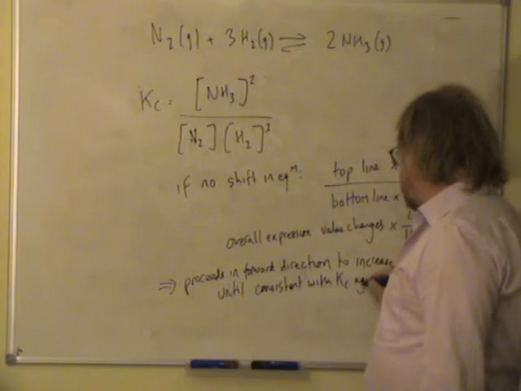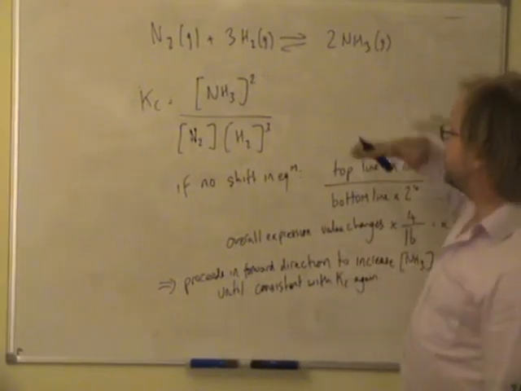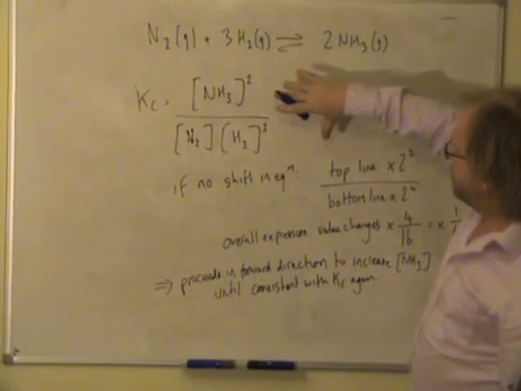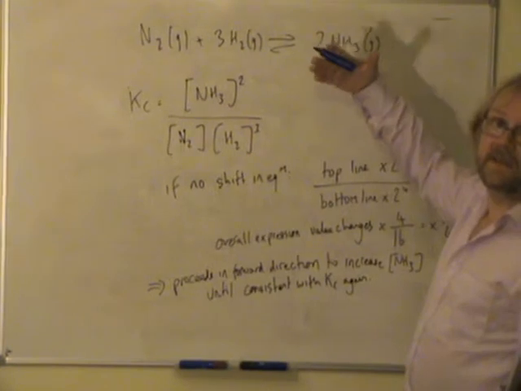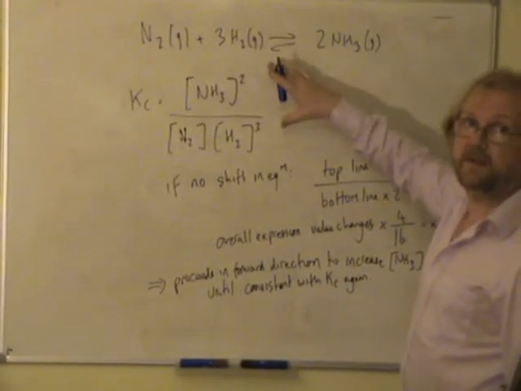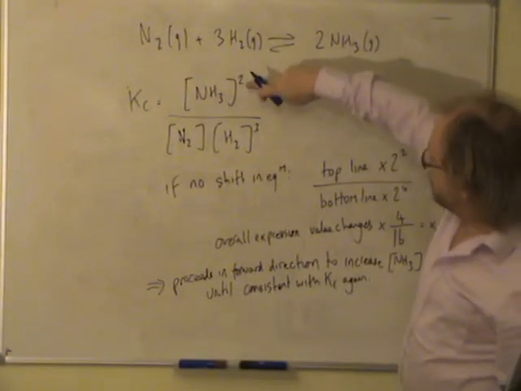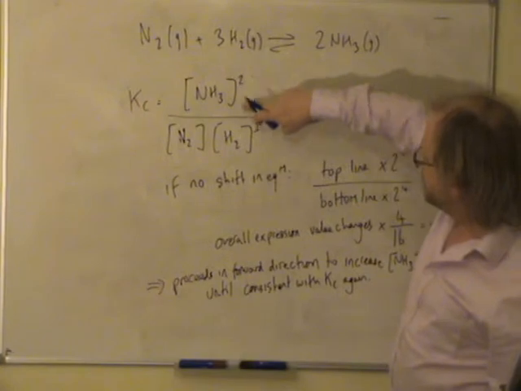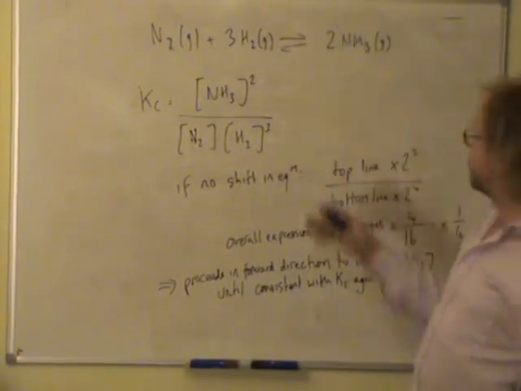So this is quite an important kind of question, because it's harder to get your head around, but we started from the idea that from that expression we can look at what would happen just as a result of changing the pressure if there were no change in equilibrium. And you can see that because the top line is concentration squared but the bottom line is concentration to the fourth, you get a different effect on the two lines.